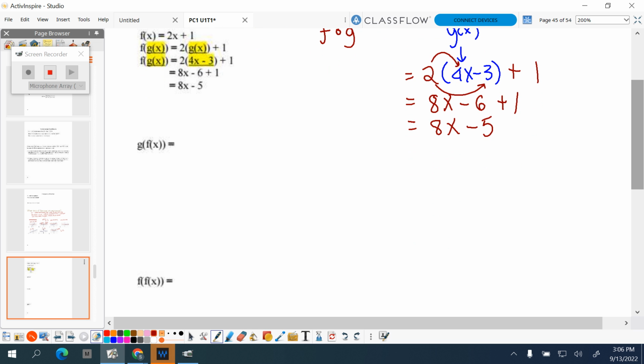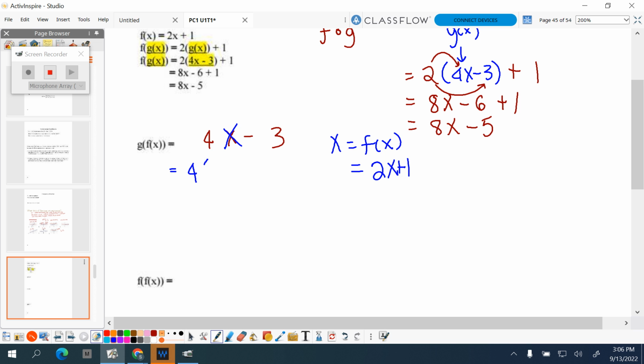Look at the next one. So we want to do g of f of x. So g is 4x minus 3. And what are we replacing here? We're replacing this x, but my new x is going to be f of x this time because it's inside of g. So f of x equals 2x plus 1. So we're doing what we call a composition of functions.